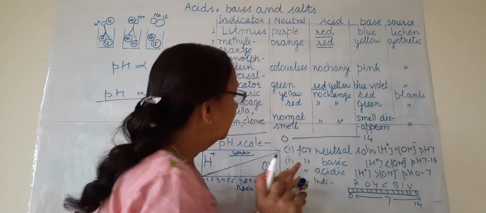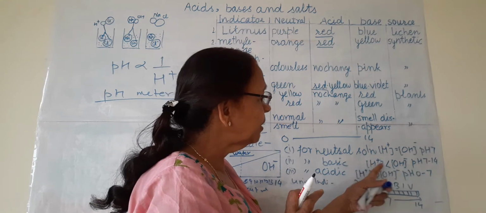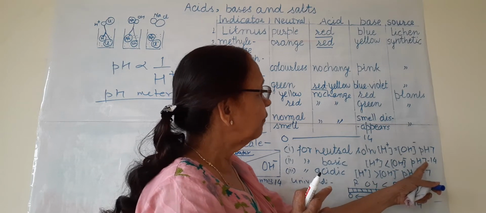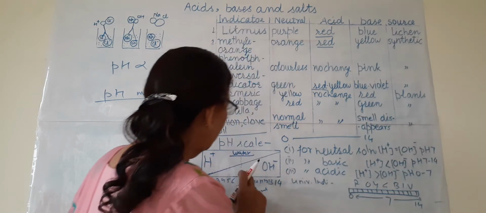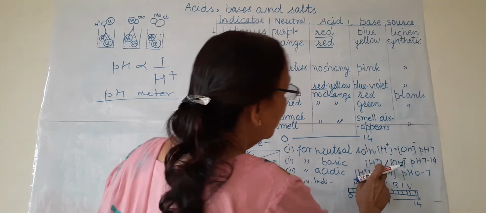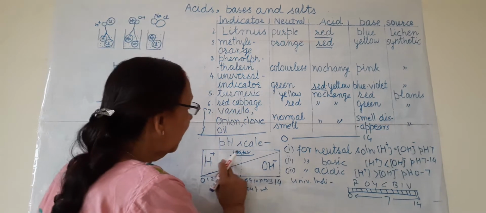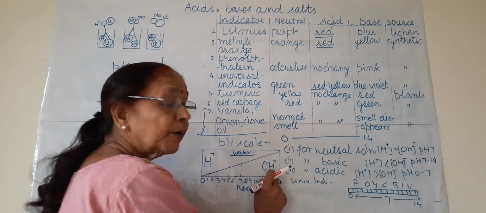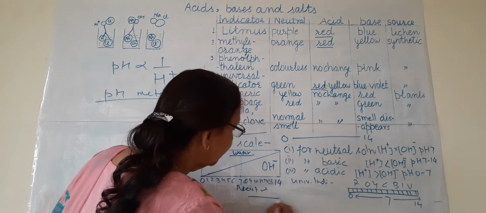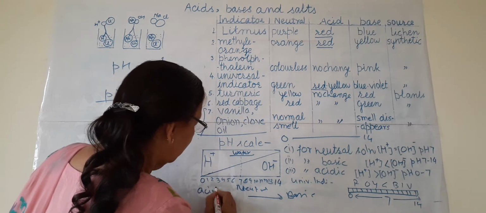Now the second is, for a basic solution, what should be there? Hydrogen should be more than OH, then the pH will be from 7 to 14. Here you can see, hydrogen should be less, not more, sorry. Hydrogen should be less than OH. As we go this side, the hydrogen is decreasing and hydroxyl is increasing. This is the basic side and this is the acidic side.